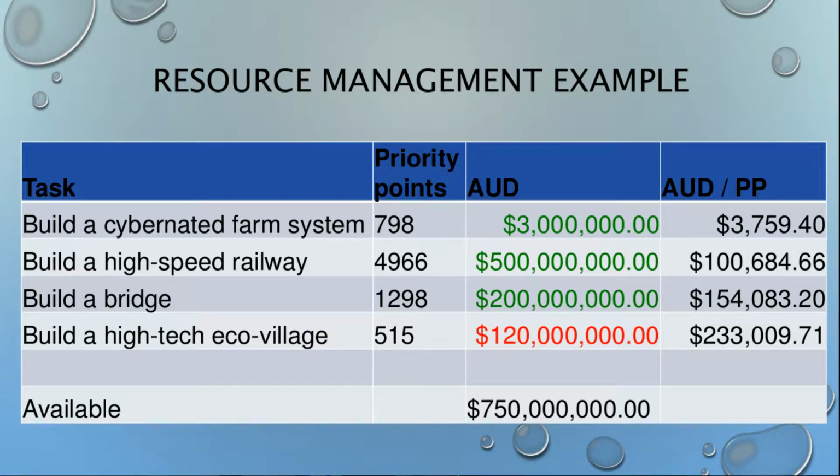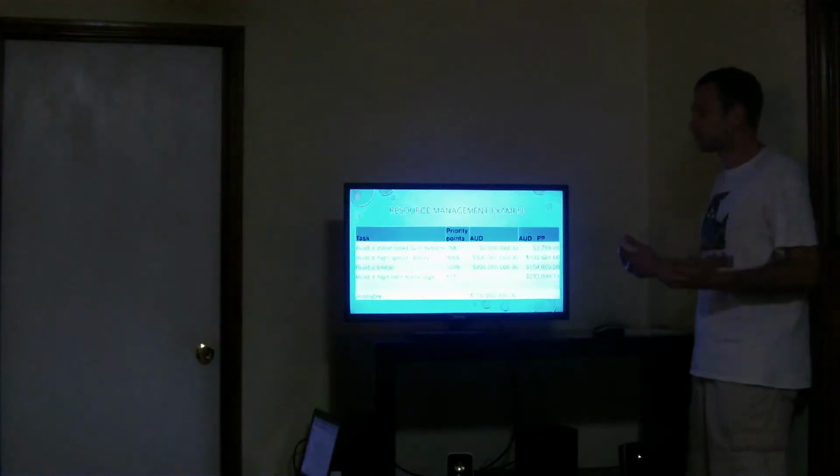It means that one priority point costs $3,760 for this particular project. So the cheaper this is, the more priority points can be realized per dollar.